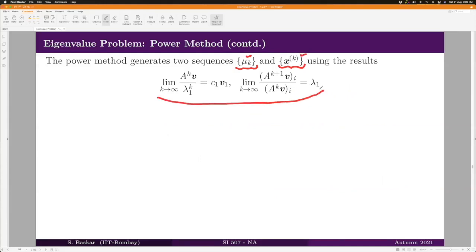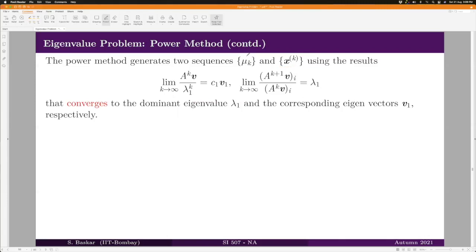If we develop such sequences, then there is a scope that this sequence mu_k will converge to lambda 1, and this sequence x_k converges to an eigenvector of lambda 1, right? So that's the idea. Remember, this cannot be taken directly because we have taken this vector to be some unknown vector, but that doesn't matter.